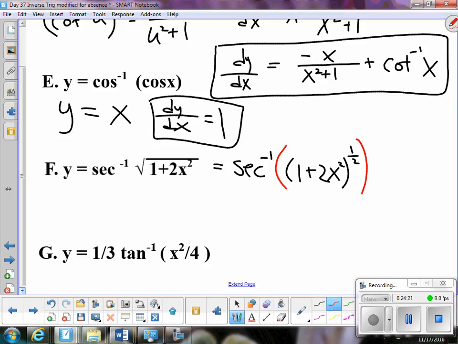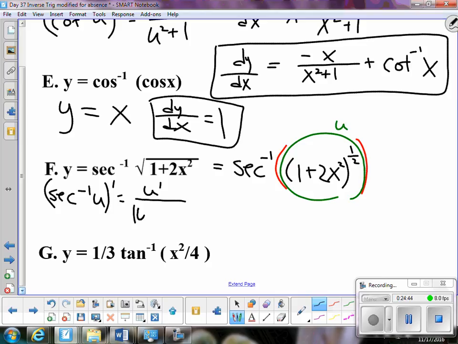Okay, so originally our u is all this. This is our u. It's the argument for the inverse secant. And I have to recall that the derivative of inverse secant of u, so inverse secant of u prime equals u prime over the absolute value of u times the square root of u squared minus 1.